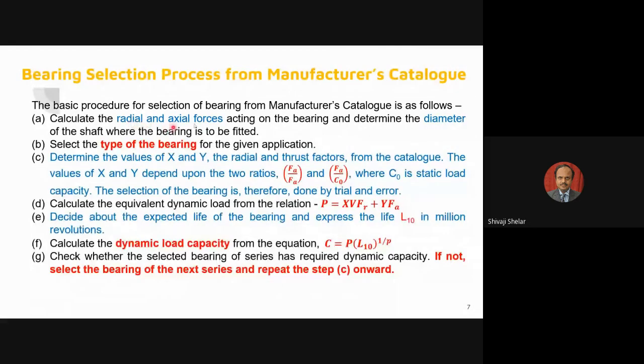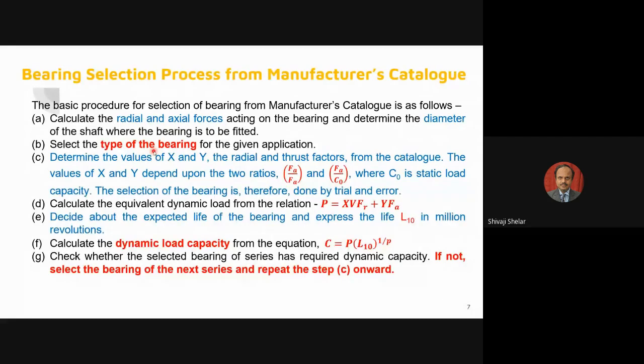So radial as well as axial forces you need to calculate. For this, you should know the calculation of beam reactions. The beam reaction concept will come in here, and this beam reaction is nothing but the radial and axial forces. Once you calculate these forces, then you have to select a type of bearing.